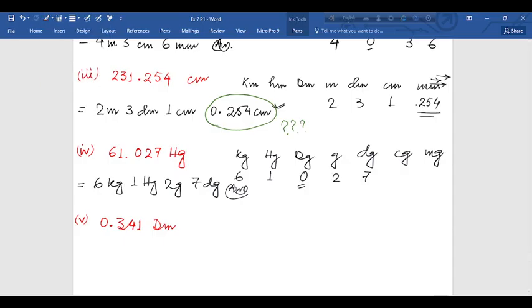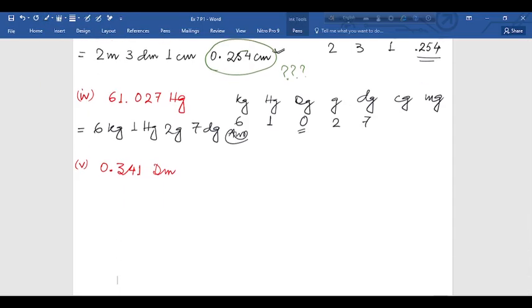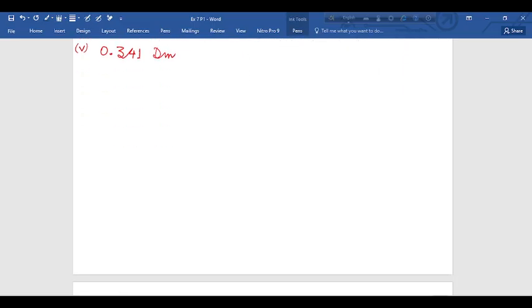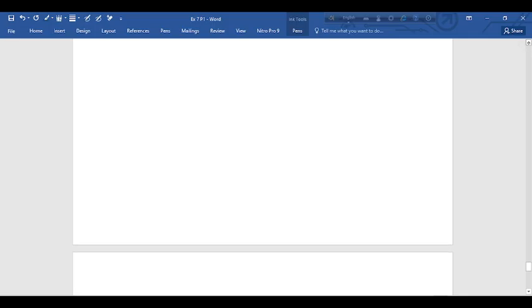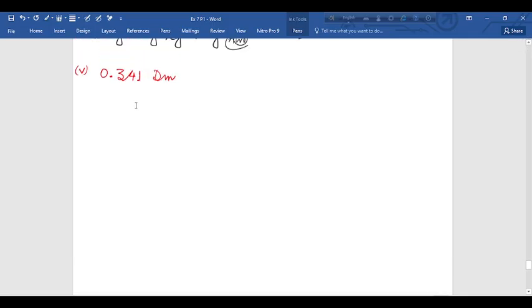I'll use another method here, not usually what we are using as the technique. How did you get this? We just put it for decimal 1. After decimal, how many digits? 3. So 3 digits.